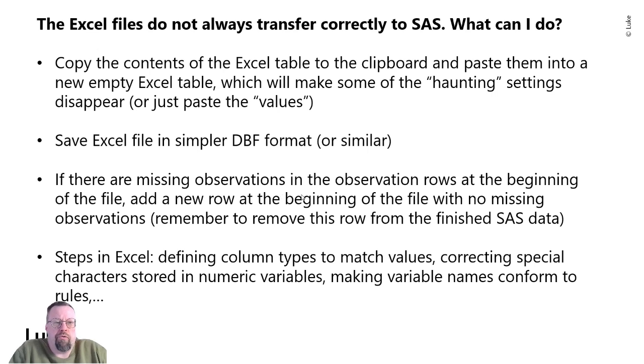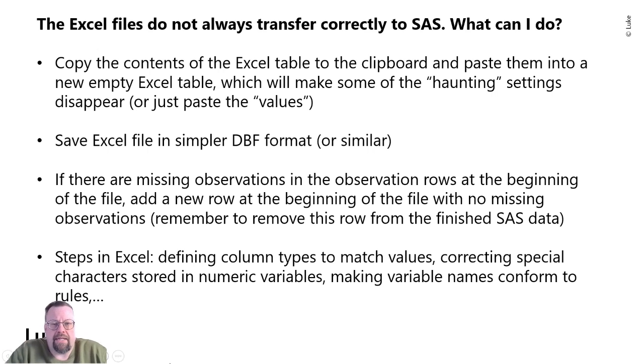So for that reason, you might want to add a dummy row as the first row after the variable names, and then SAS can make the decisions on the variable types based on that dummy row and work properly. But of course, then you have to remove that dummy row once you have the data already read into SAS.